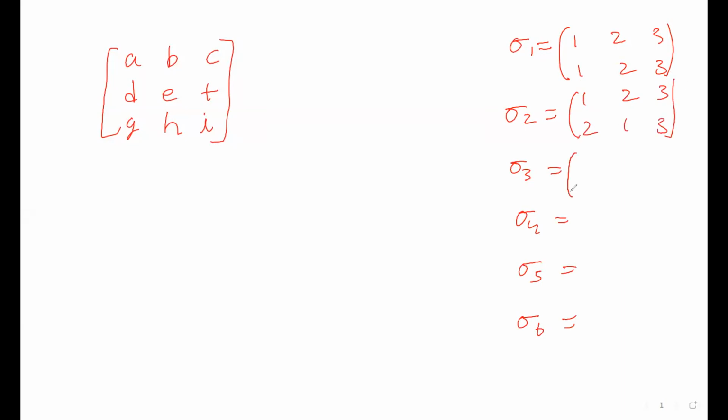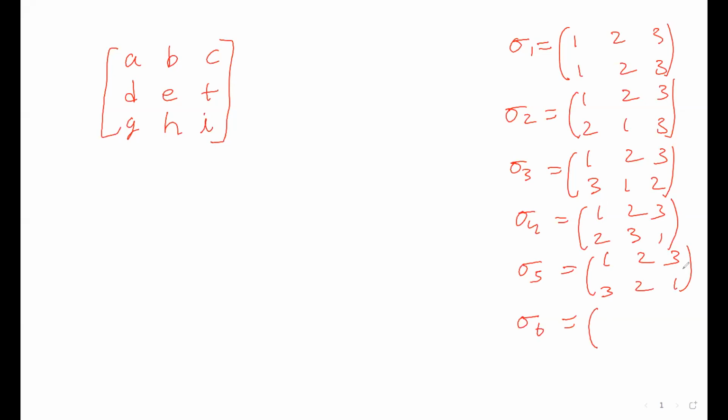This is one permutation. Can you tell me other permutations? 3 1 2 maybe. 1 2 3, 2 3 1. Thank you, Ashma. And 1 2 3, 3 2 1, and 1 2 3, 1 3 2. Okay, awesome.